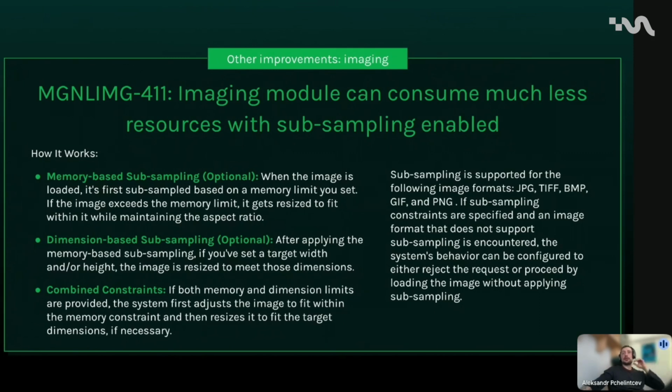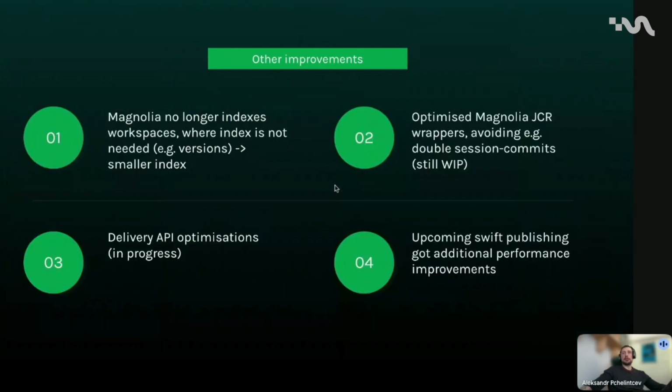I encourage you to go ahead and check out the latest imaging documentation, which describes how it can be enabled. With this technique, a lot of RAM and CPU can be saved when small variations are generated with very low sacrifice in quality of those images.